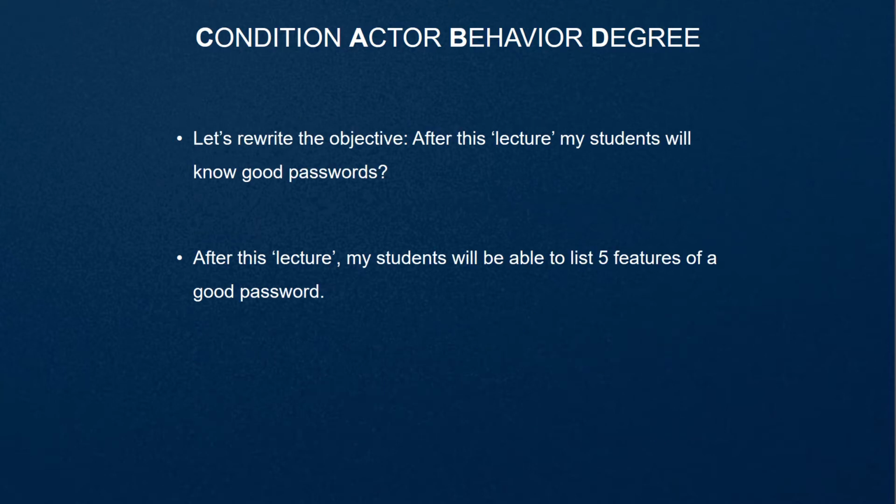So let's rewrite it. How about after this lecture or lesson, my students will be able to list 5 features of a good password. Reasonable. Now you'll be able to see if they can do it.